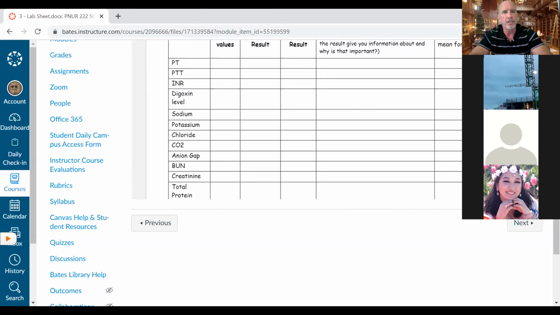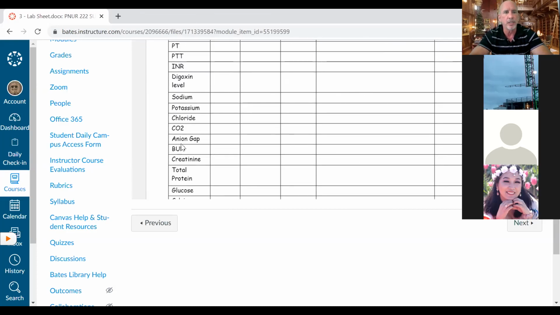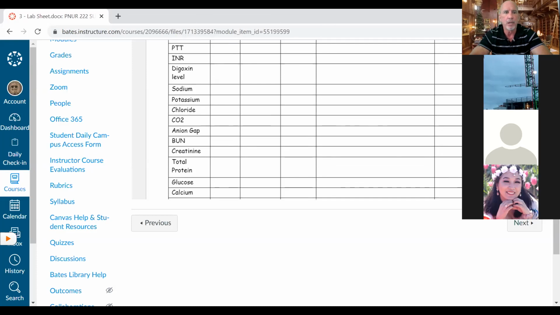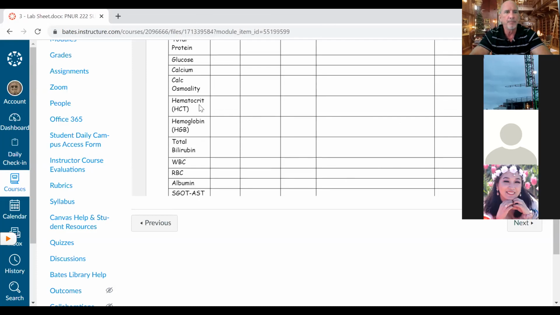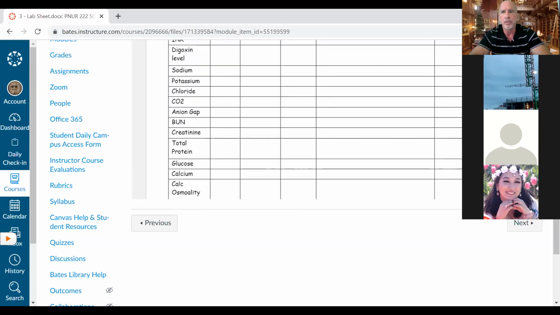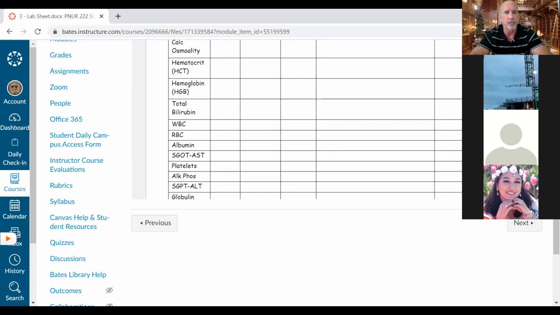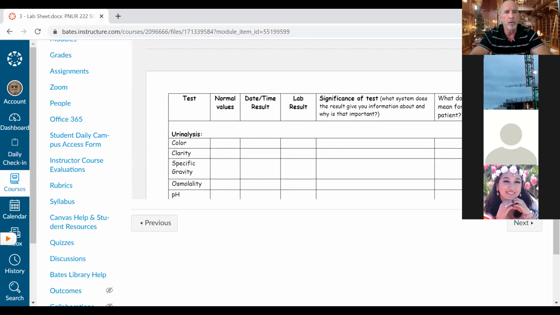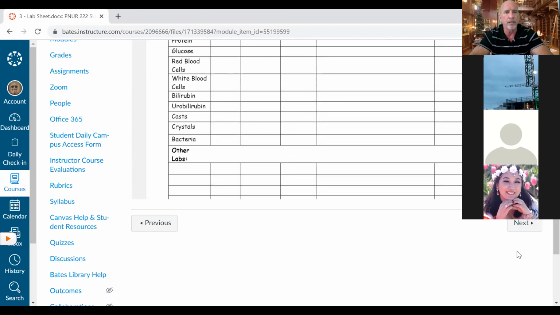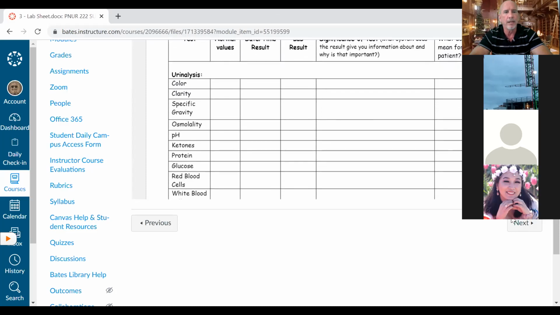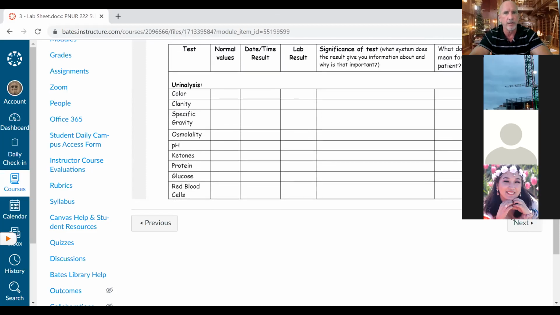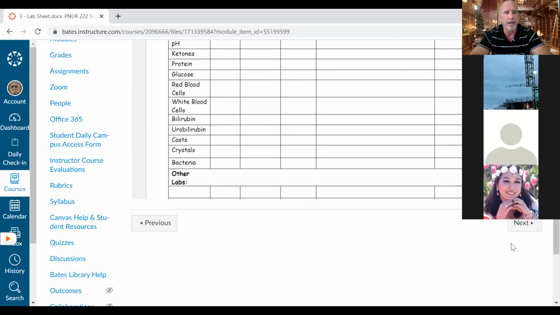Now, some of the more common tests are going to be the coagulations, the electrolytes, the whole blood, H&H and all this. So these are going to be the more common tests that they're going to have. Oh, we do have a urinalysis sheet. We added that; you didn't used to have a urinalysis sheet, but we do have one now.